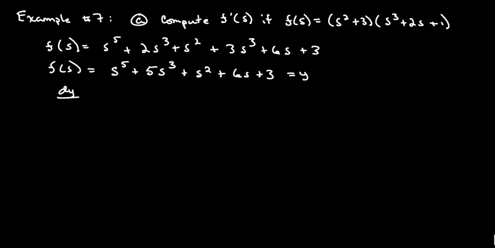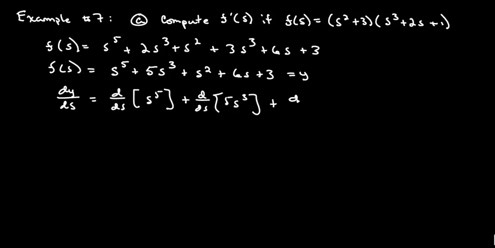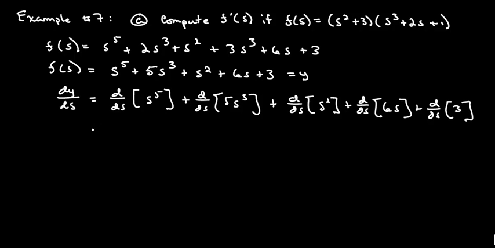So dy/ds, because s is our variable, is d/ds of s to the fifth plus d/ds of 5s to the third plus d/ds of s squared plus d/ds of 6s, and lastly d/ds of the number 3.